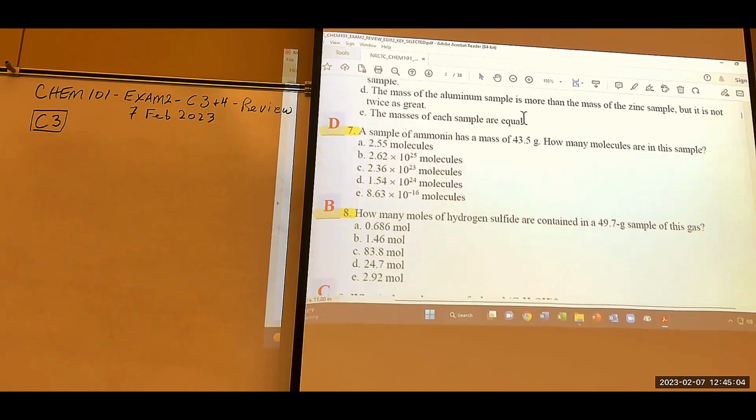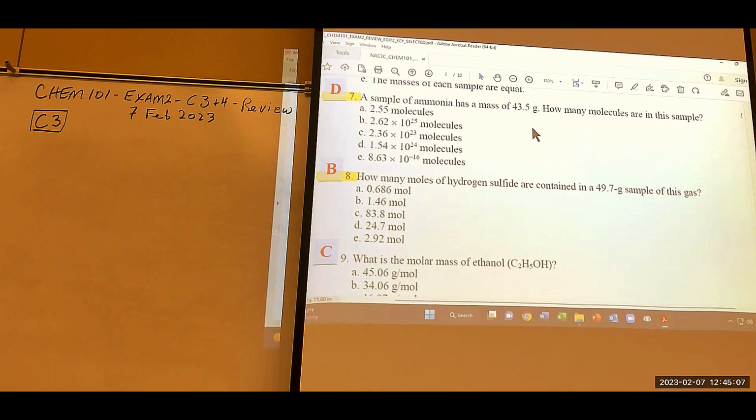We're over here, right? I'm going to skip 7 because we've done a conversion for molecules. And do 7. The reason I want to do 7 is because I don't remember if I told you what ammonia was, and you need to know the formula in order to do this calculation.